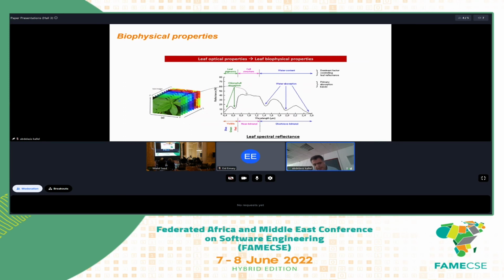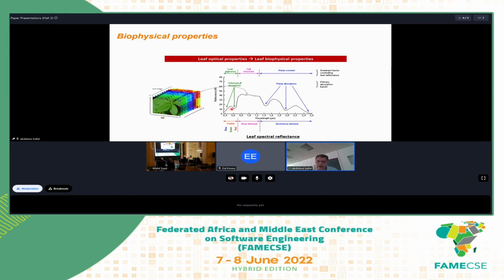On the right side, the x-axis is the wavelength and the y-axis is the reflectance. It means the brightness of the leaf. So the wavelength means the color. For instance, the first wavelength, or here the visible, then near infrared, and then shortwave infrared. We see that in the visible domain, the brightness of the leaf is not too high. Why?